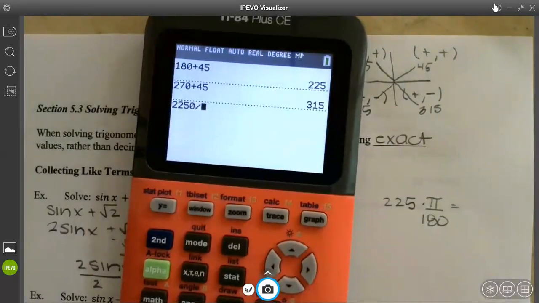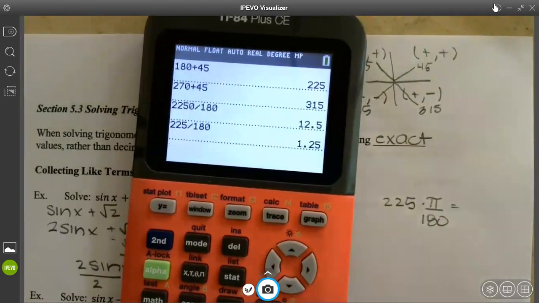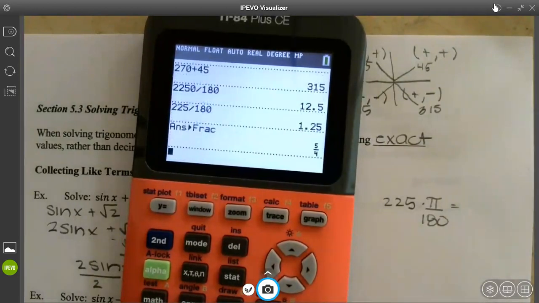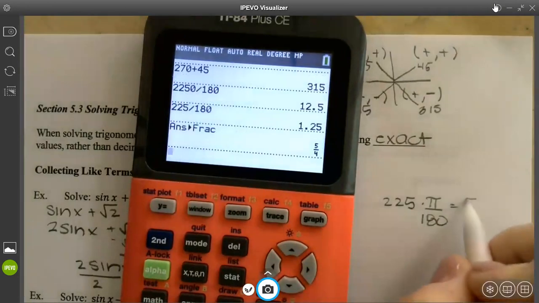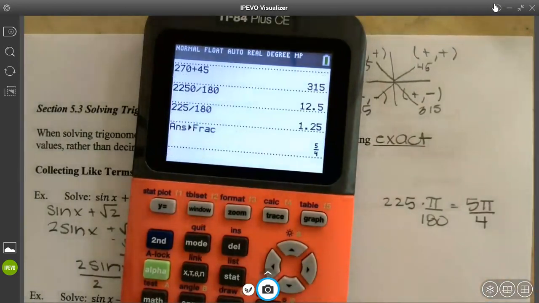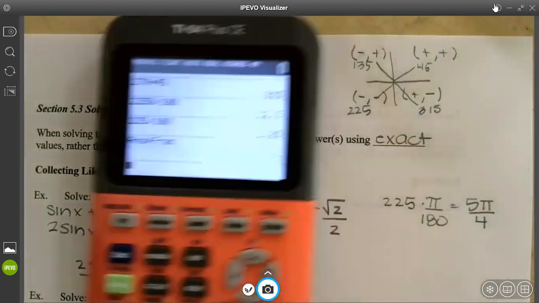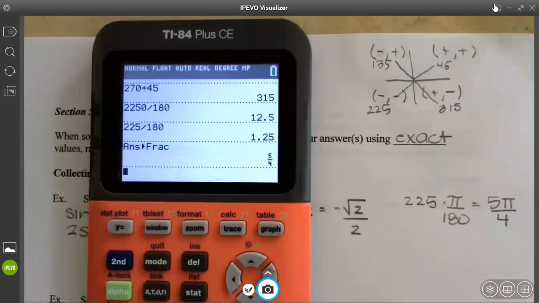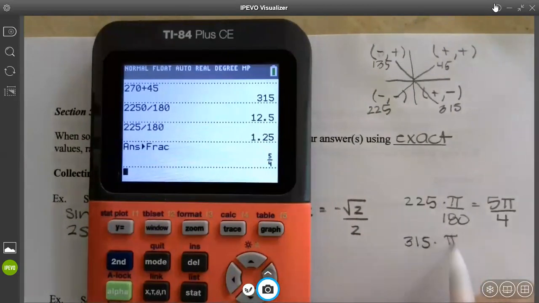So 225 over 180 gives us 5 pi over 4, if you already knew that because you knew the unit circle, but I feel like you guys know degrees better. That's why I went with degrees. Your other degree is what? 315 to get it into radians.